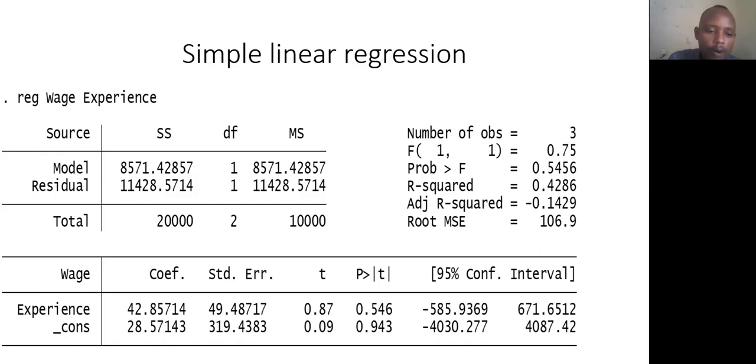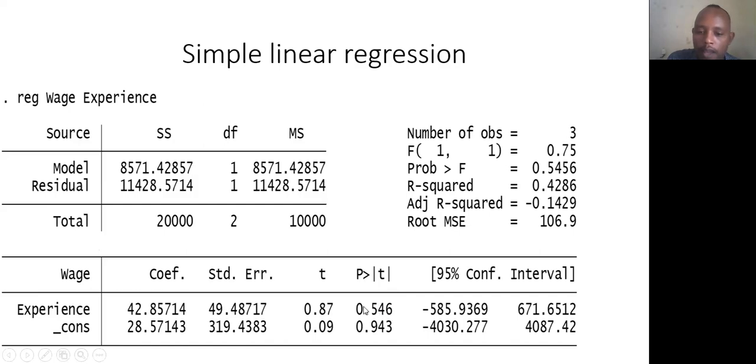Here, our null hypothesis is that experience has no influence on wage. The alternative hypothesis is that experience has an effect on wage.